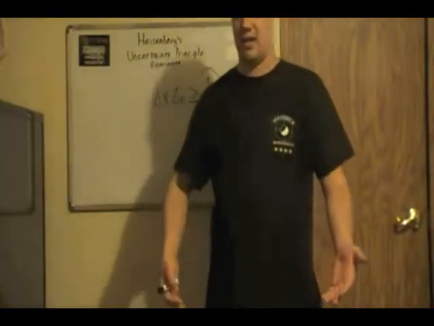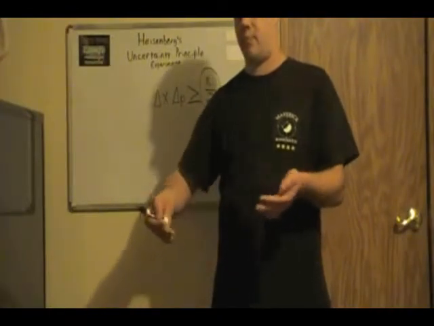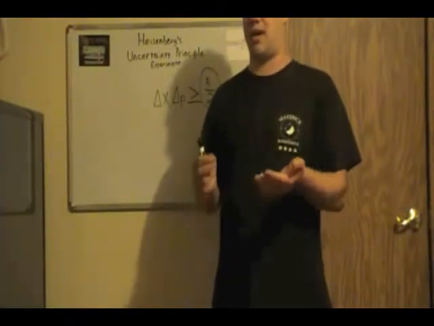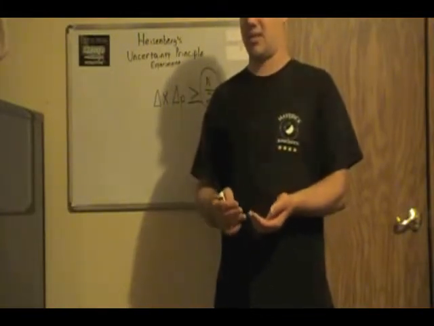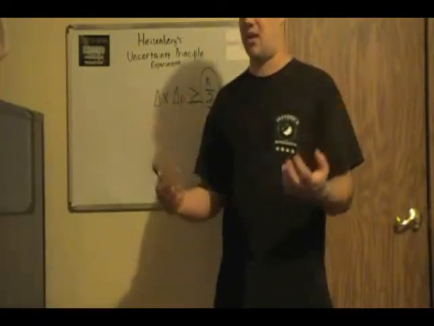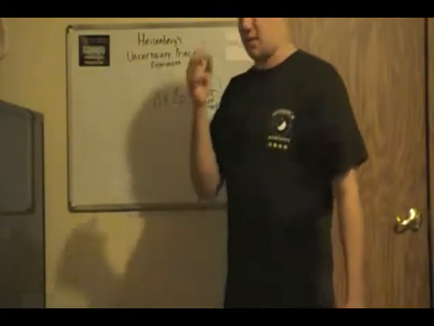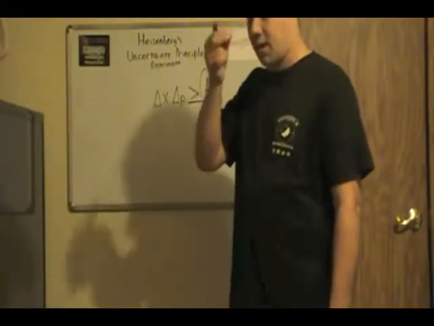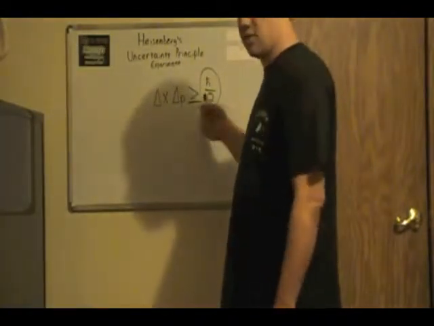If I stand here and I'm standing still and my position changes by like the diameter of an atom, you're not going to notice. And that's why on this scale, this really doesn't apply. But when you get down to something as small as subatomic particles and light, this matters.